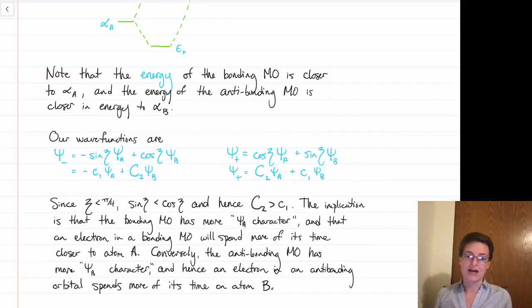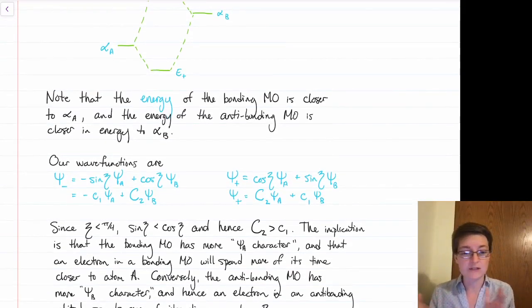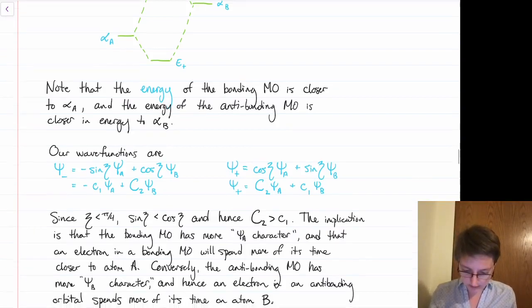And so how I'll represent that is I'll put in for sine zeta a coefficient C1, I'll put in for cosine zeta a coefficient C2, and to help me remember that this cosine term is larger in magnitude than the sine term for these intermediate cases, I'll go ahead and capitalize C2 so that we can see that there's a non-symmetric wave function. In our bonding wave function, the electron is spending more of its time closer to atom A, versus on our antibonding wave function, that wave function has more character of atom B.